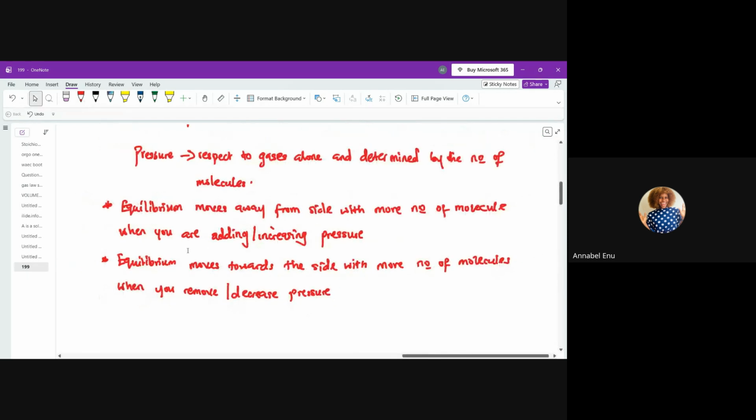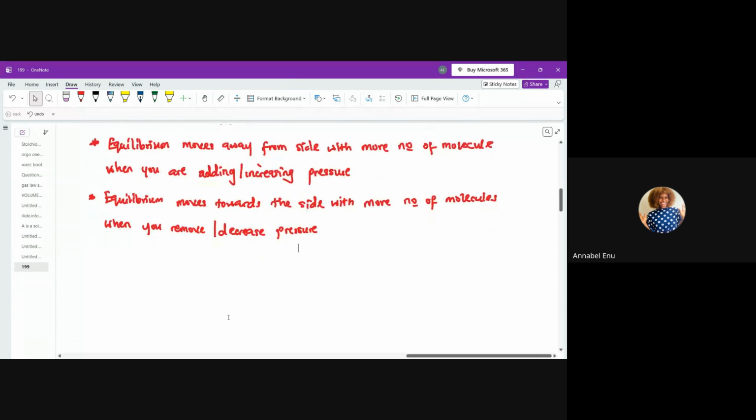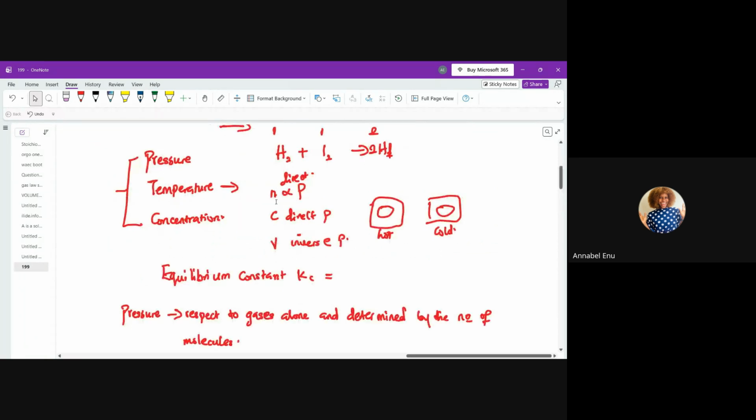So when we are being asked questions concerning how pressure would affect equilibrium shifts, if it's going to be shifting to the right or shifting to the left, we should first of all look at the number of moles, because remember I said at the beginning that number of moles is directly proportional to pressure.